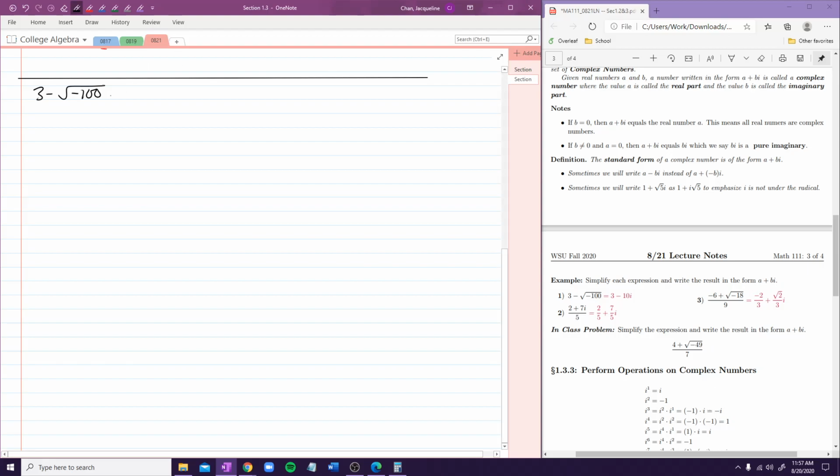So over here, minus, and then we have a negative here, so I have to pull out the i. Then I ask myself, what squared is equal to 100? If you said 10, then you are correct, because 10 squared is equal to 100. And this is our answer. This is in the form a plus bi already, so we don't have to do anything.